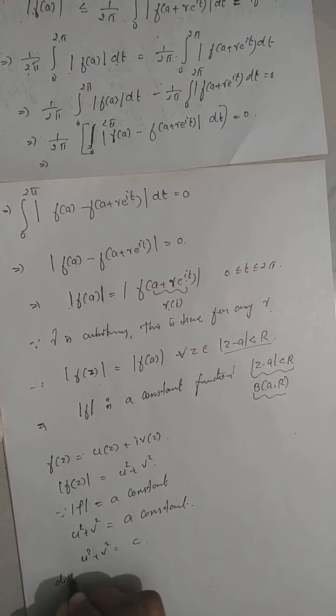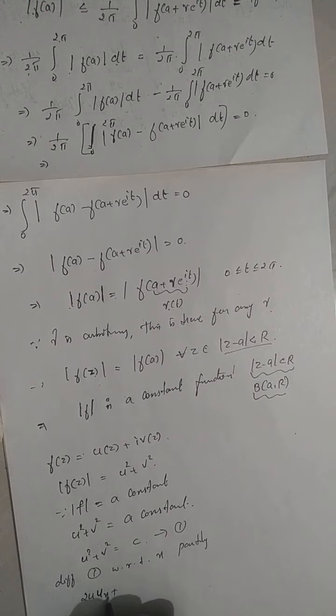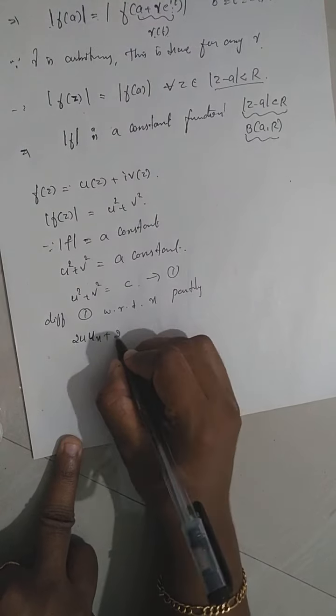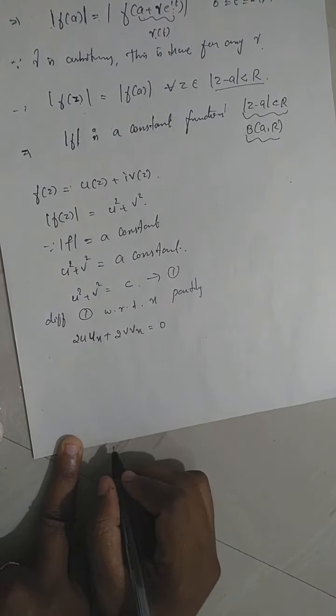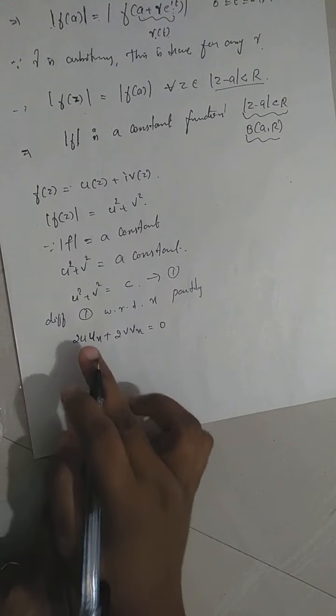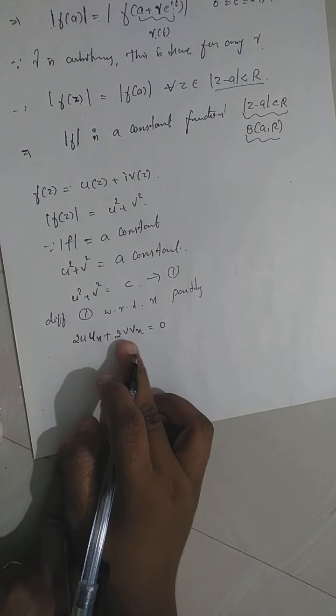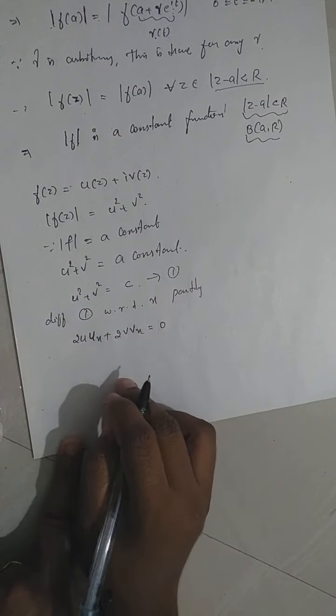Then you differentiate this equation number 1 with respect to x partially. What you get? We get 2u u_x, the partial derivative of u with respect to x, plus 2v v_x is equal to 0. Derivative of a constant is 0. So you get 2u u_x + 2v v_x = 0.